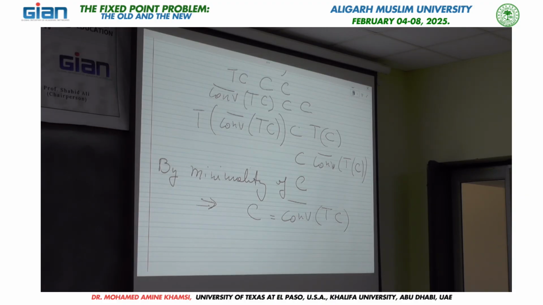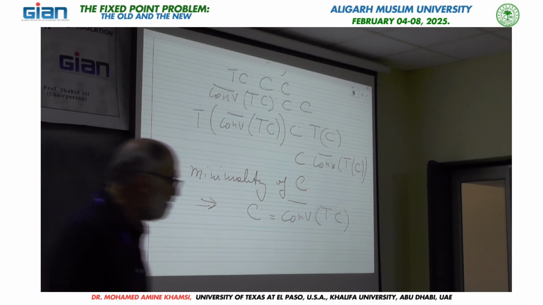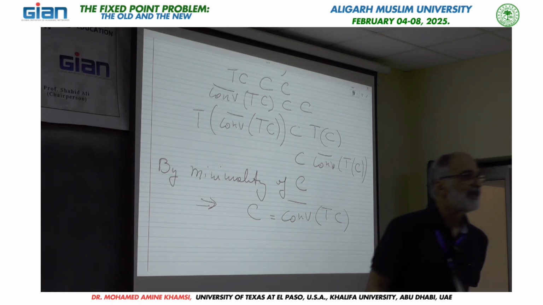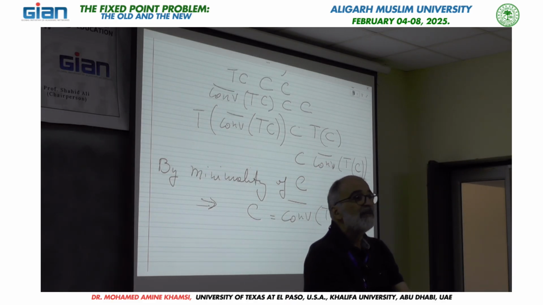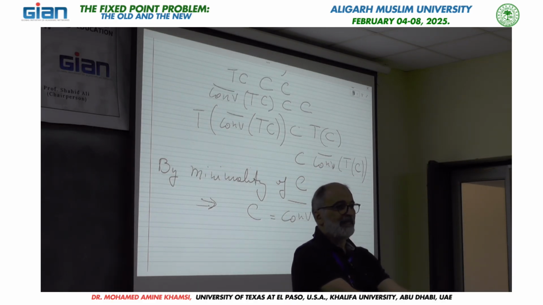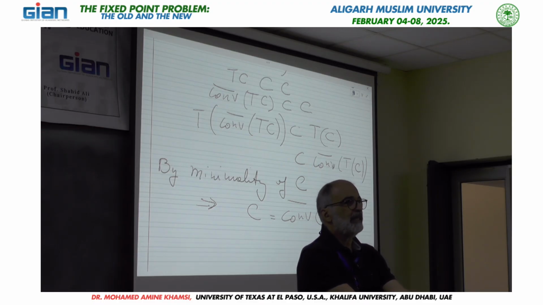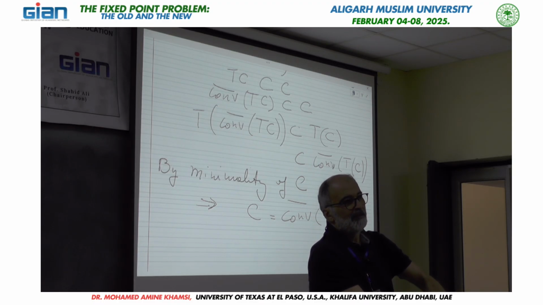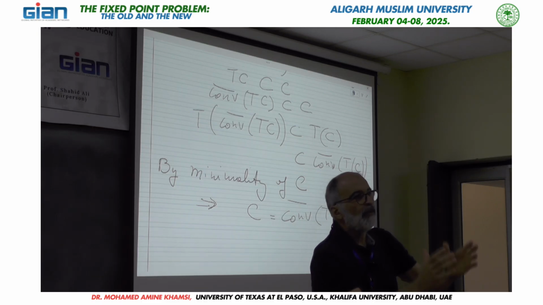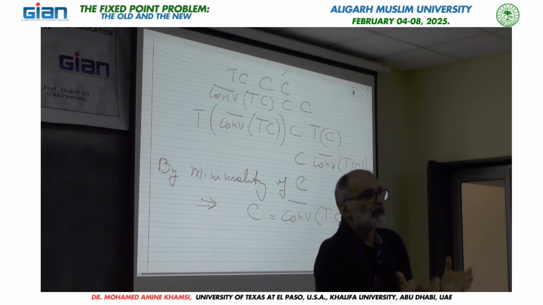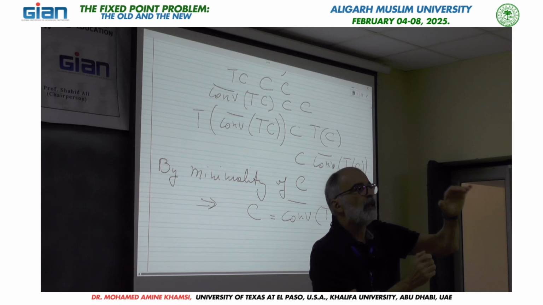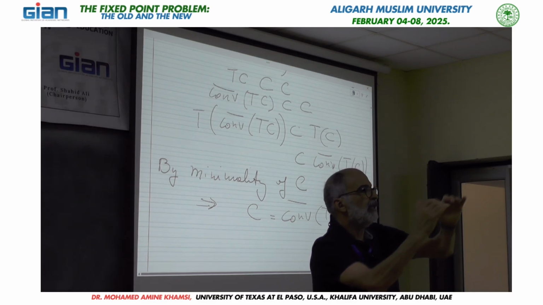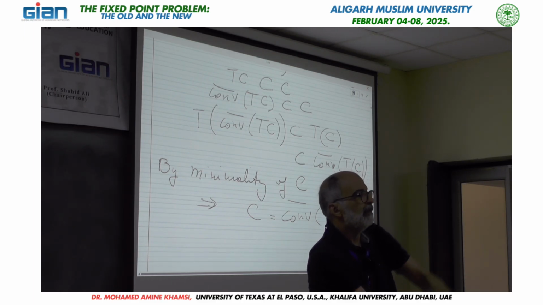Let me make a comment here. I don't want you to take it for granted as being a simple proof. There is something hidden here that is beyond what you saw. The proof is easy, but let us think of it from outside the box, not just to follow the proof and it's a done deal because it's easy.